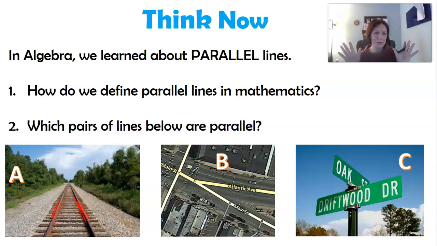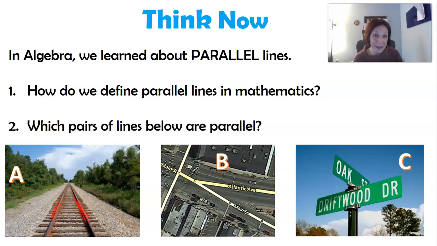We love to talk about railroad tracks when we talk about parallel lines. So A, yes, parallel. They're never going to cross. If those railroad tracks got any closer together at any point or any further apart at any point, we'd have a derailed train, and that would be bad news, right? So we know for a fact that railroad tracks are parallel.